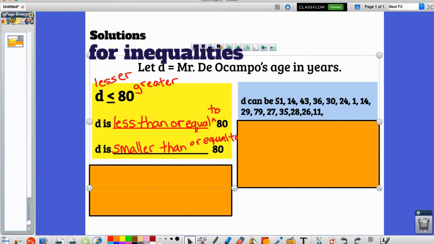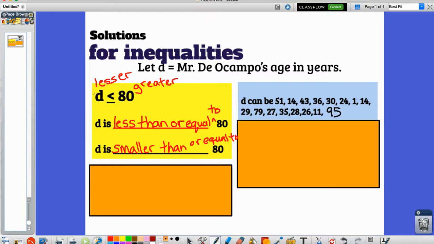D can be 51 because 51 is less than or equal to 80. D can be 14. D can be 43. So these were all the guesses that students made. All right. Now, another thing to talk about is whether or not D can be 95.